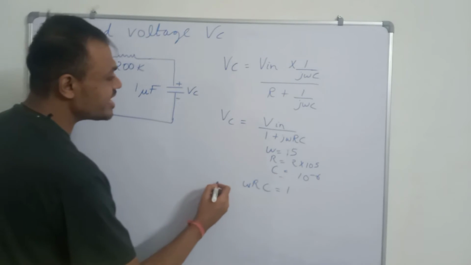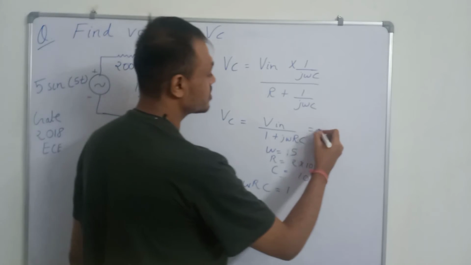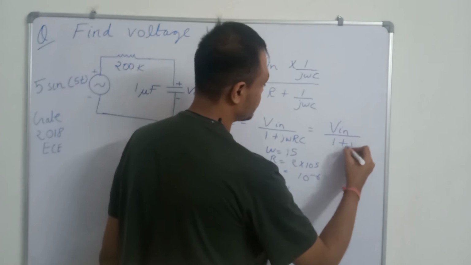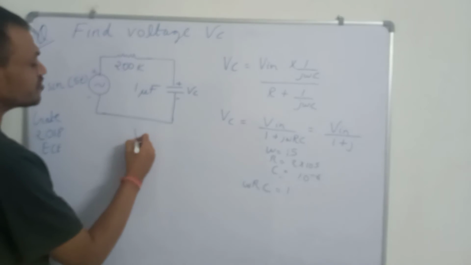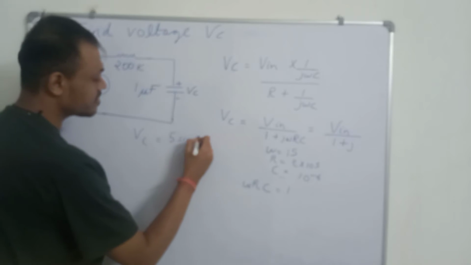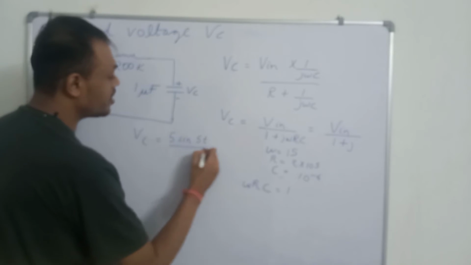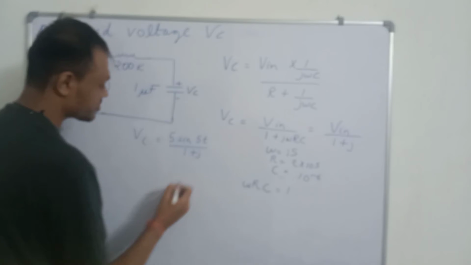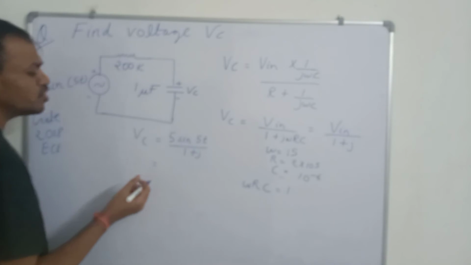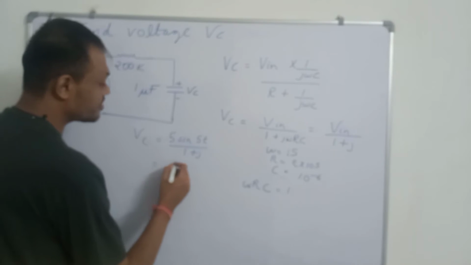So Vc will be equal to V in upon 1 plus j. V in is 5 sine of 5t, so 5 sine of 5t upon 1 plus j. This 1 plus j is of magnitude root 2 and angle pi by 4.